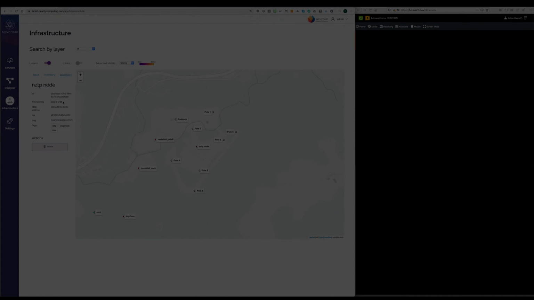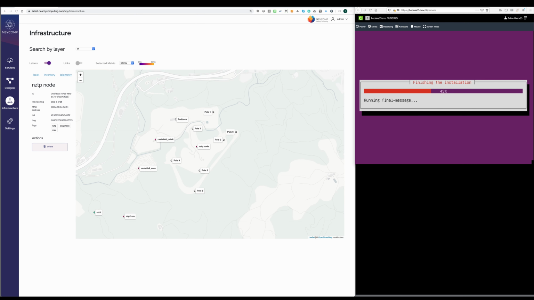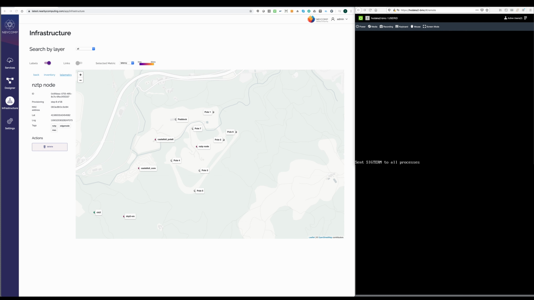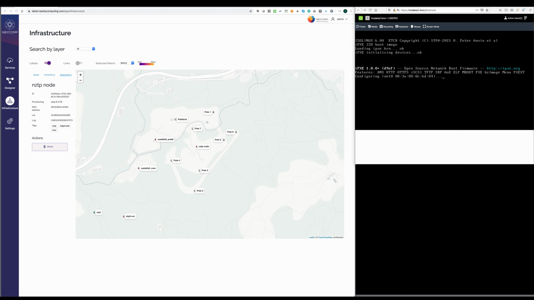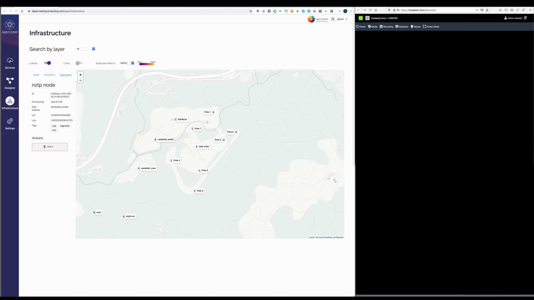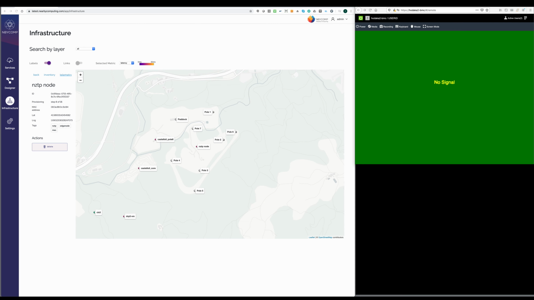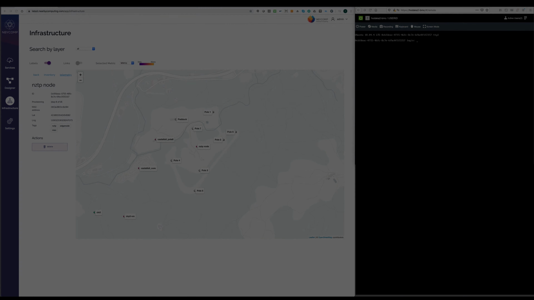And when that finishes, the system gets provisioned with the operating system and finally started and get ready for operation of customer services. The whole process can take a couple of minutes depending on the speed of the network. Finally, the node is up and ready to be used for services.